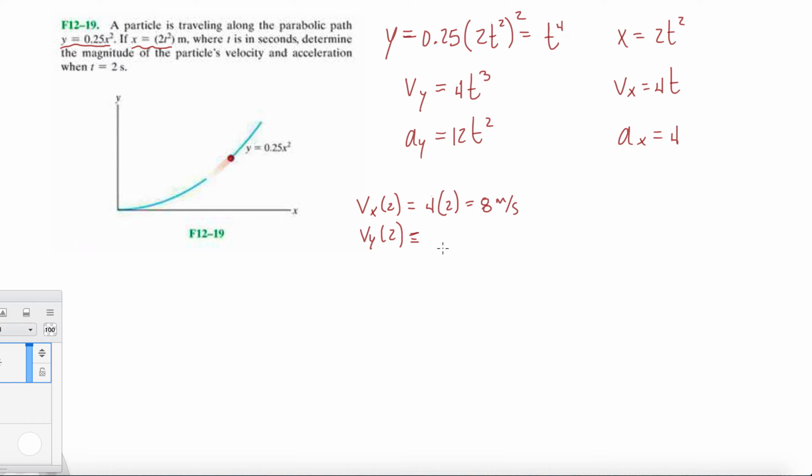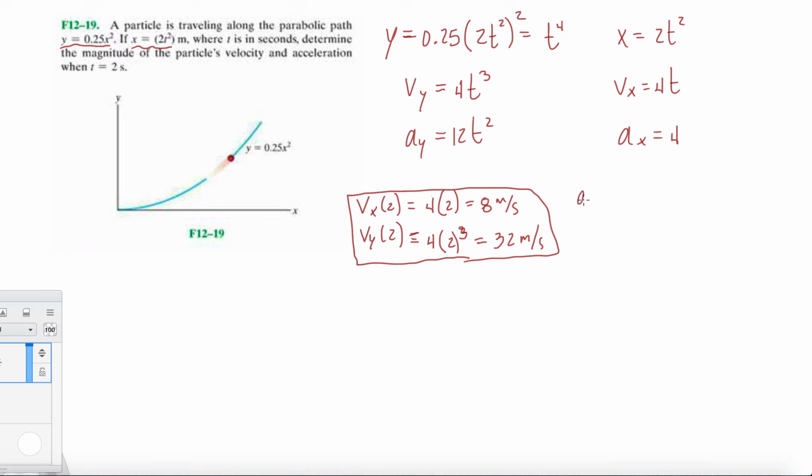Now we have 4 t cubed, and that'll give us 8 times 4, 32 meters per second. All right, so we have one part of the puzzle right here.